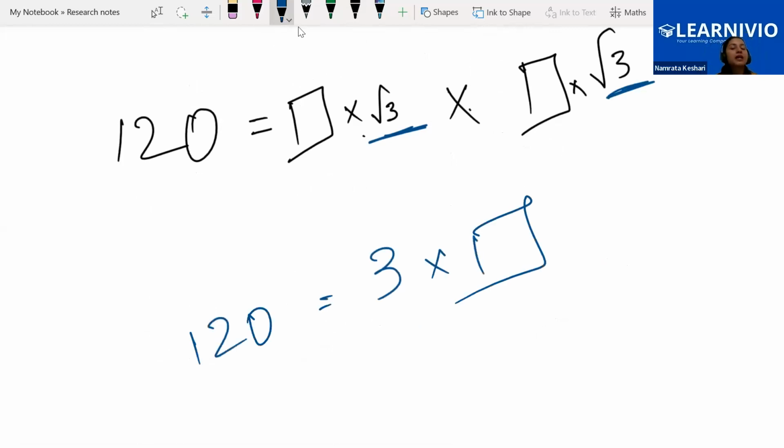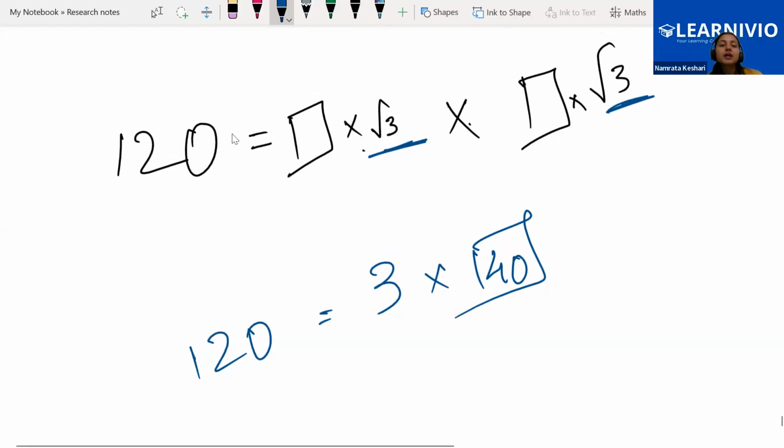3 में क्या मल्टीप्लाई करते कि 120 मिल जाए? 3 हमारे पास ऑलरेडी है प्रीवियस स्टेप में 4. Okay, 40 can I write? Yes, ma'am. 40 can I write? Yeah, I can write. Okay, 3 में 40 मल्टीप्लाई कर देंगे तो 120 मिल जाएगा. ठीक है.